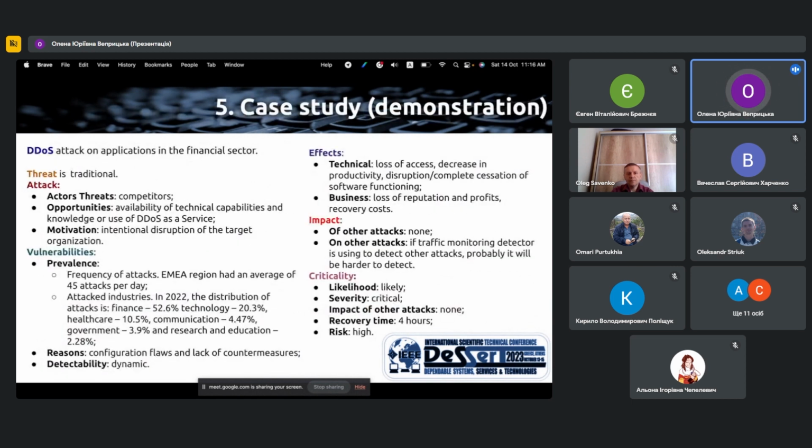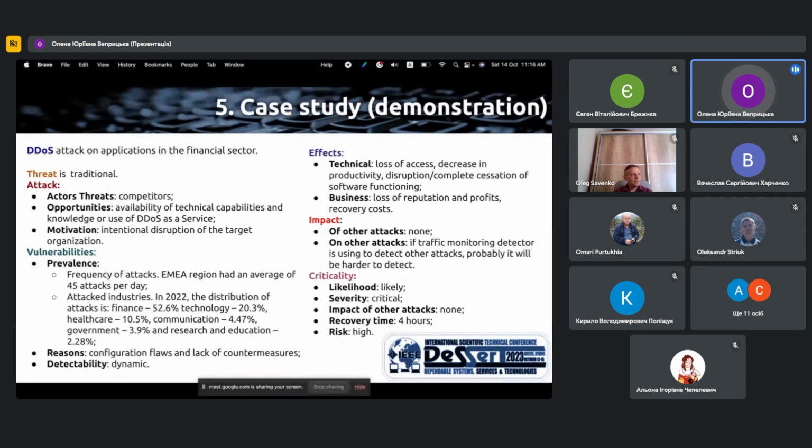Let's see an example of usage. It will be a DDoS attack in the financial sector. This is for demonstration only. Assume that it's a traditional threat without any AI usage. The most probable threat actors are competitors that have all capabilities and are highly motivated. According to report data, the financial sector is the most attacked, mostly because of configuration flaws or absence of countermeasures.